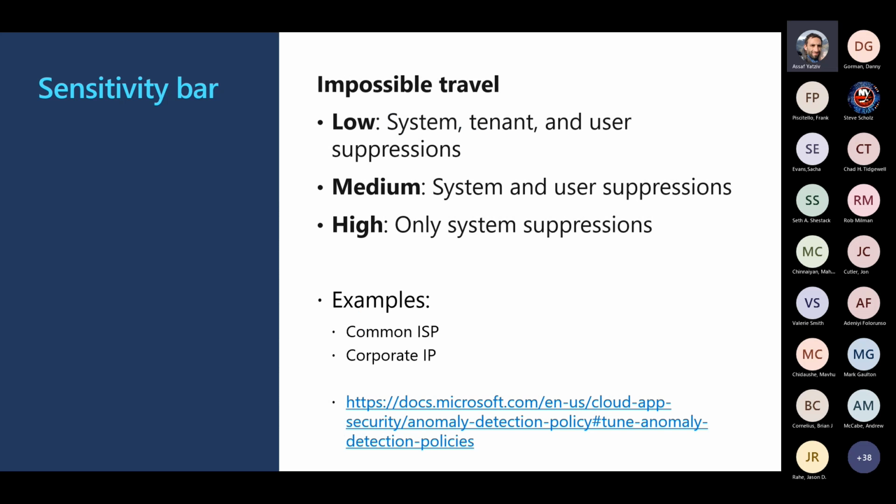Cool, moving forward. As you've seen in the last slide, you have a sensitivity slider that you can choose for the policy to apply, between low, medium, and high sensitivity. High sensitivity means system suppressions, some suppressions that our data scientists and security researchers team apply.